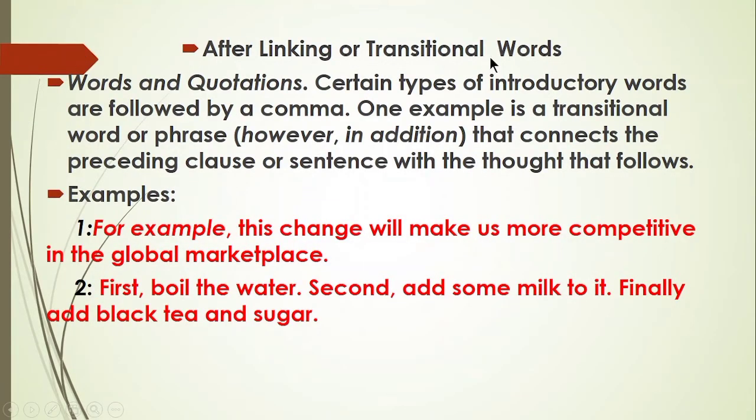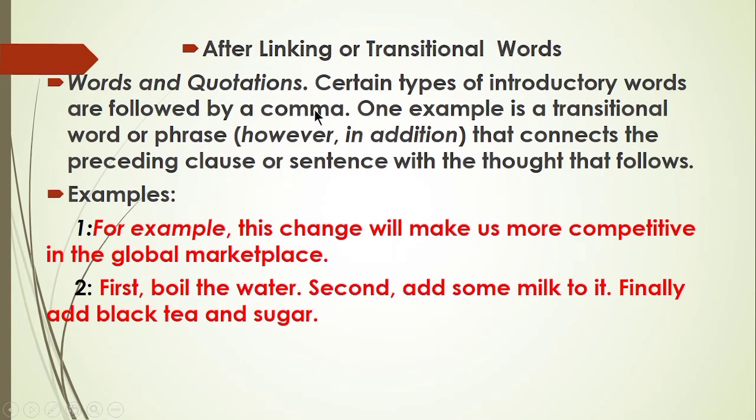After linking or transitional words. Remember, linking or transitional words are those words which we use to move from one idea into another or which introduce some kind of ideas. Certain types of introductory words are followed by a comma. One example is a transitional word or phrase like however, in addition, etc. that connects the preceding clause or sentence with the thought that follows.